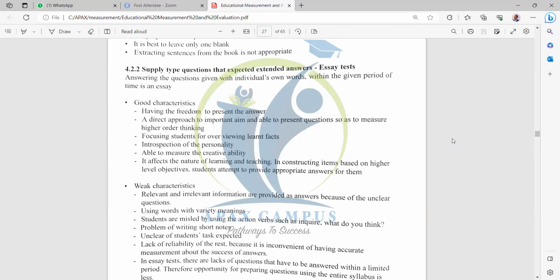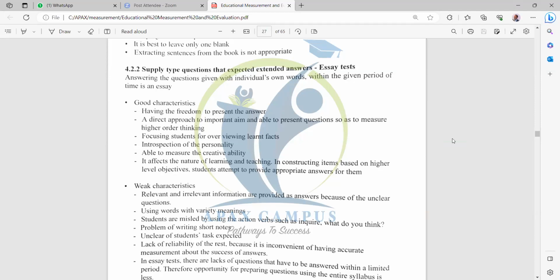So we have some good characteristics. Good characteristics of essay type tests or the supply type tests. Having the freedom to present the answer. The students or the candidates have their freedom to present their answer.